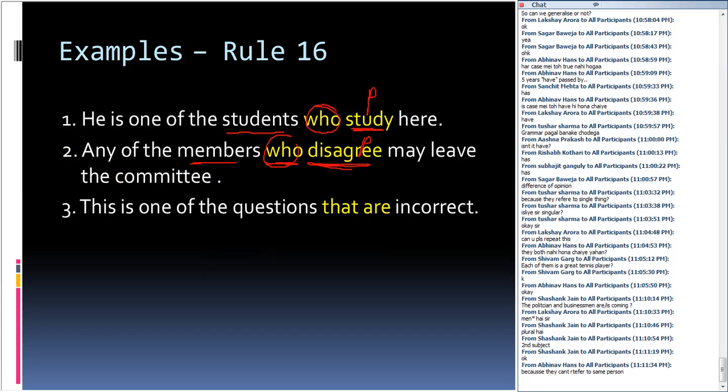This is one of the questions that are incorrect. Is incorrect nahi. One of the questions that are incorrect. ऐसे वाले बहुत टेस्ट होते हैं. ठीक है ना, ये one of the students, one of the questions, one of the books.